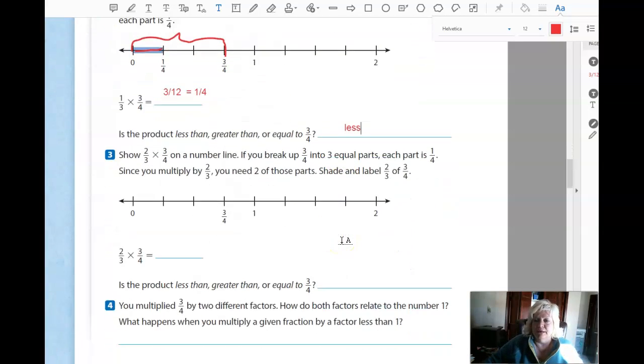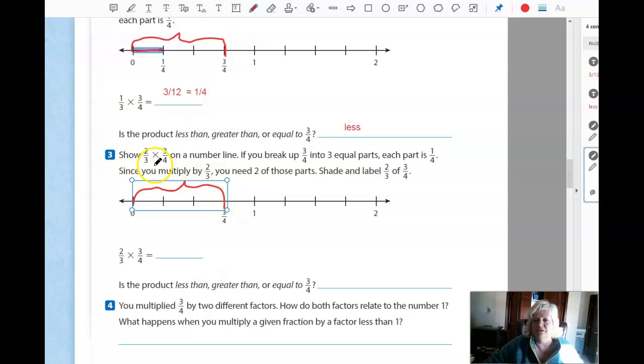Okay, another number line to look at. Show 2/3. So again, let me get my pencil back. We have 3/4. That's 0 to the 3/4 line right there. And that just shows 2/3. 1/3, 2/3.